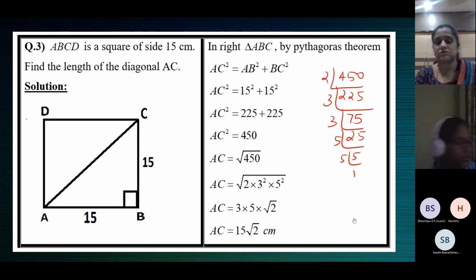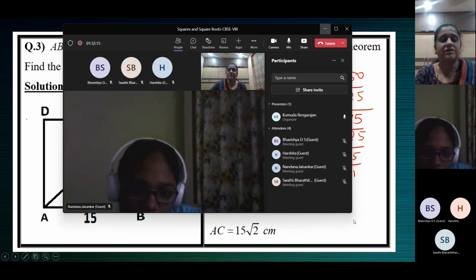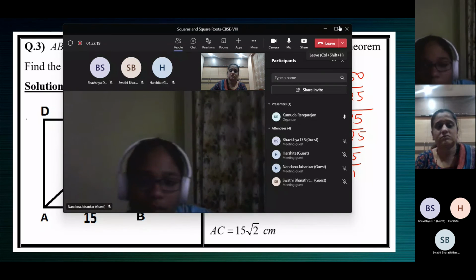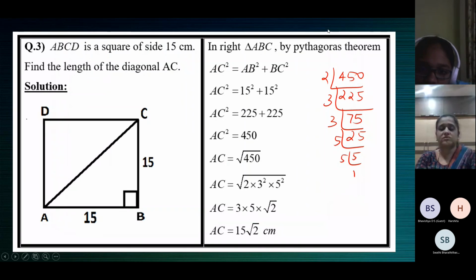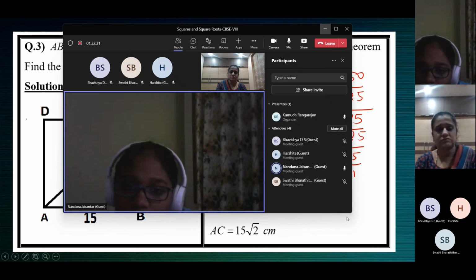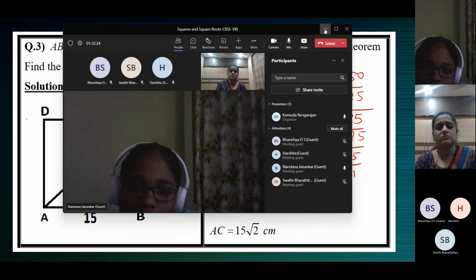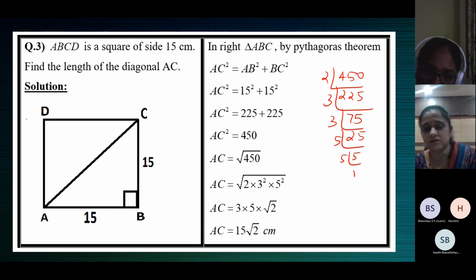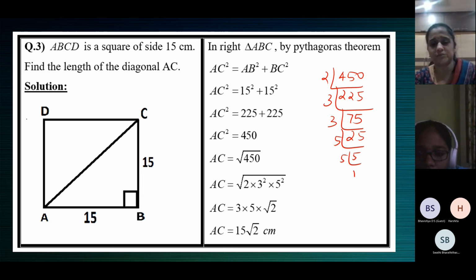Others, still writing? No, ma'am. I have a doubt, ma'am. Yes. Why can't we add another 2 for 2, ma'am? We can multiply it on both the sides, for 450 and for this. Oh, I don't understand your doubt, Nandana. Where can you multiply to?